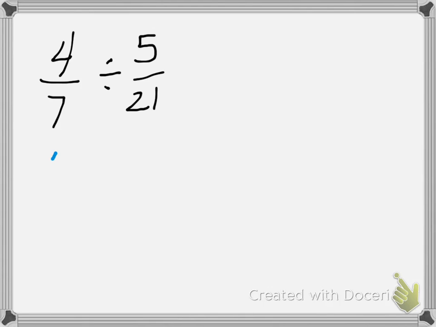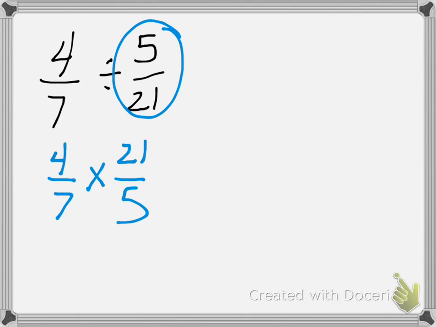So I'm going to change this to 4/7 times, and if I change this to multiply, I have to change this to the reciprocal, which is simply flipping this fraction upside down. Then I'm going to see if I can cancel. I can. 7 and 21 are both divisible by 7. 7 goes into 7 once. 7 goes into 21 3 times.